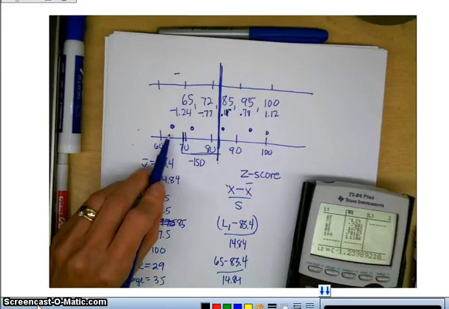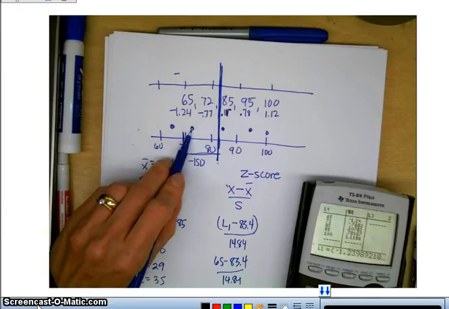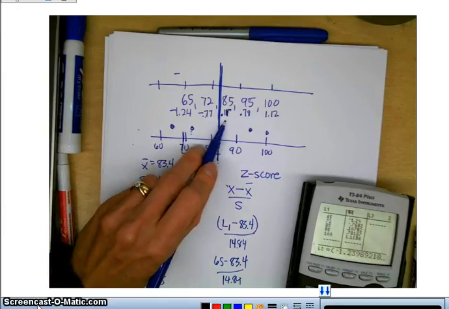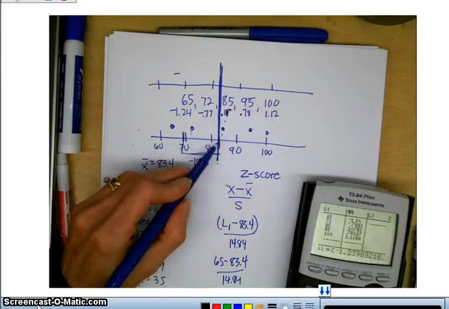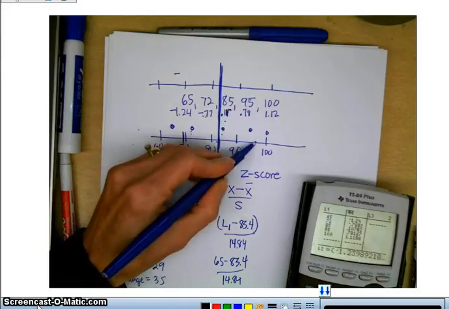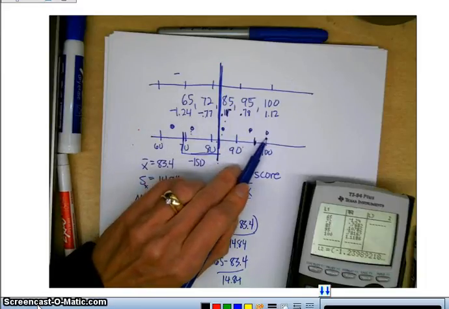Can you see that that's outside of one standard deviation? This is just inside, negative 0.77. This is very close to the mean, so it's not that many standard deviations above. This between 83 and 93 also falls within one standard deviation, and this falls above one standard deviation.